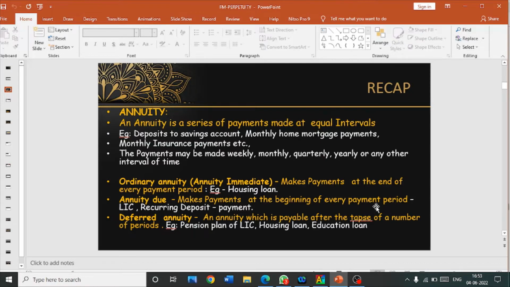After that, either I get a job or I complete my course, and after some time we will be repaying the amount. In such cases the payment is called deferred annuity. So these are the 3 types. Most probably in the mathematical concepts we will be using ordinary annuity or annuity due.